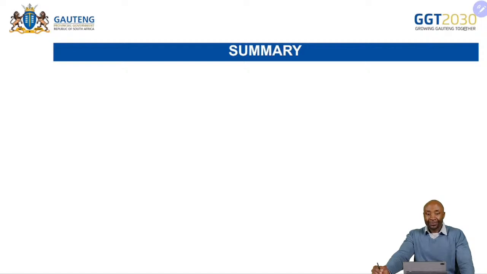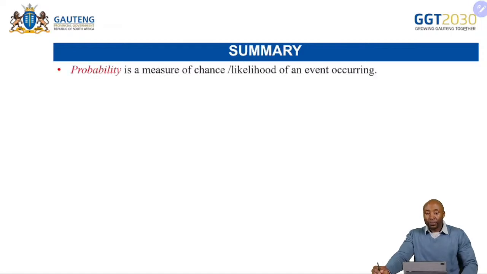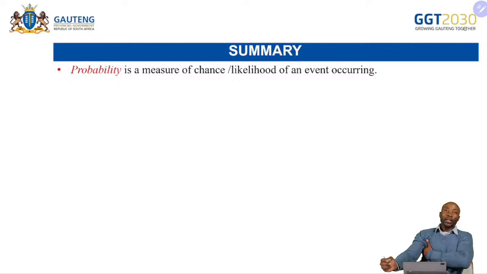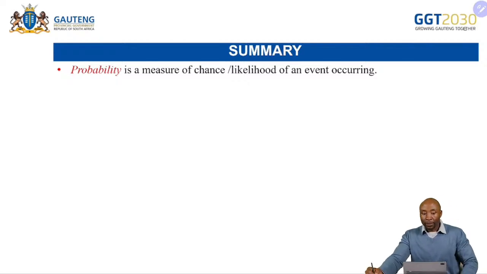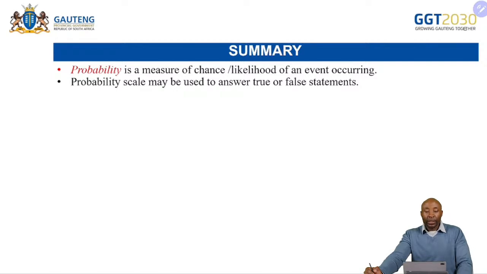Now, I hope we have learned something today, that probability is a measure of chance or likelihood of an event occurring. And we know that our probability scale is from 0 to 1, and we cannot have a negative probability or a probability which is greater than 1.